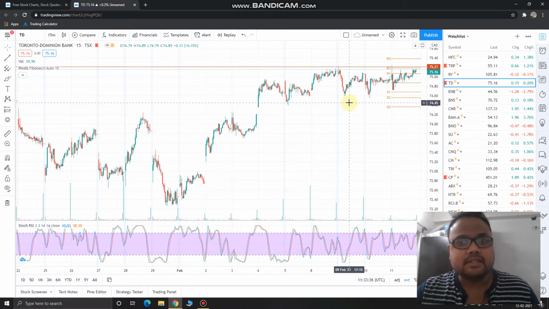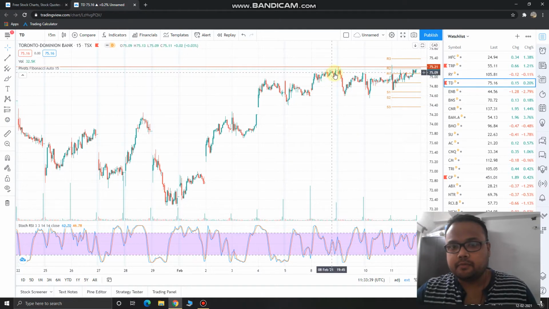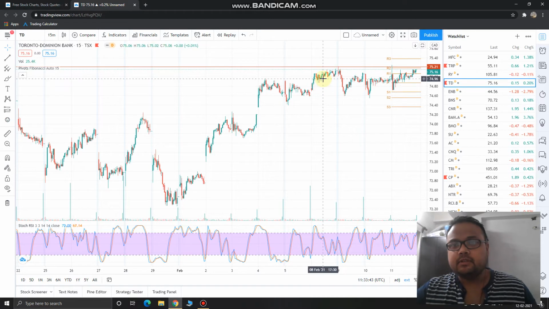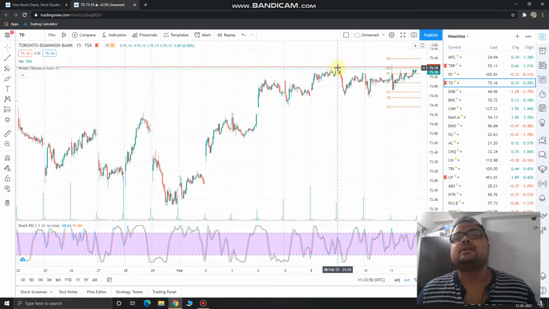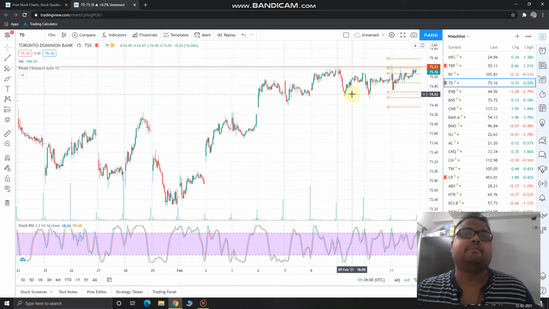Right now, it is trading at 75.16, and as you can see, on 9th Feb, after reaching the 75.21 level, it came down. This particular level states that there is a seller present, or a big player who is not allowing the price to go above the 75.21 level.